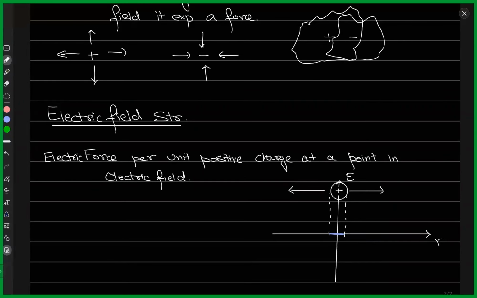Last time we were talking about electric fields, right? And we started the discussion of electric field strength. Electric field strength was essentially defined as how much electric force would be exerted per unit positive charge at any point in the electric field.